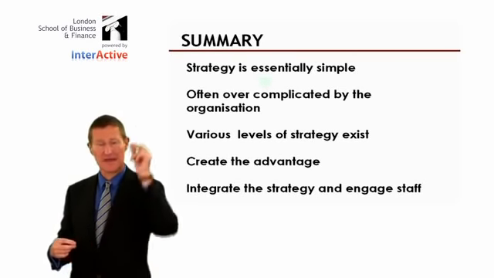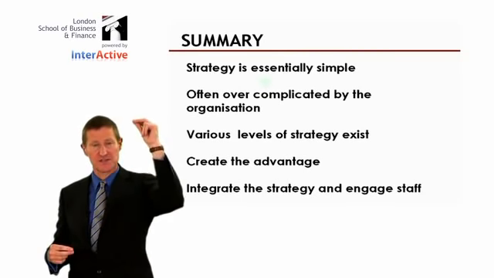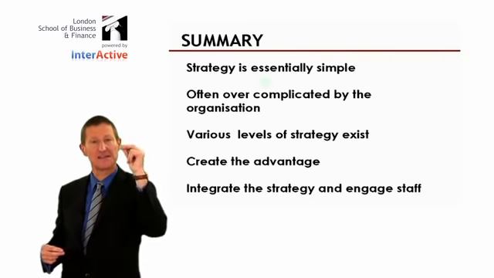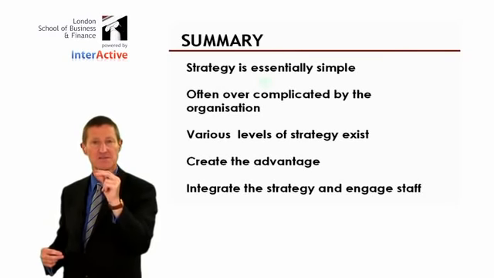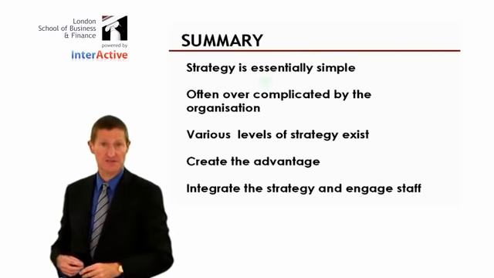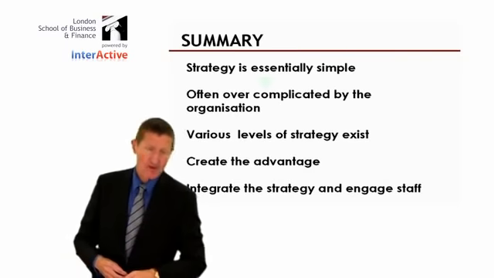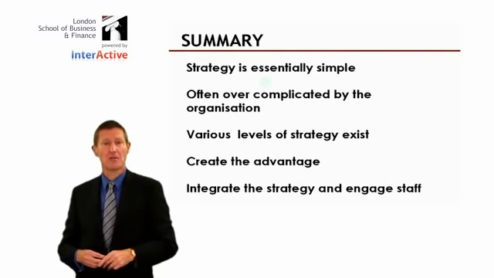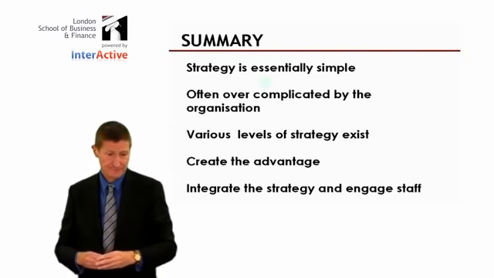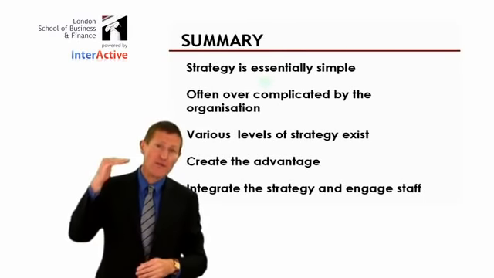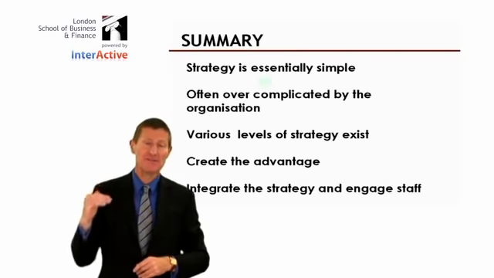In other words, they understand at the top what the strategy is, but they haven't bothered to explain it in detail how it affects each individual or collective groups of individuals within their organisations to achieve that aim. In other words, the organisation is so complicated, the boardroom just do not see it. So therefore, within it, there may well be multiple levels of strategy.